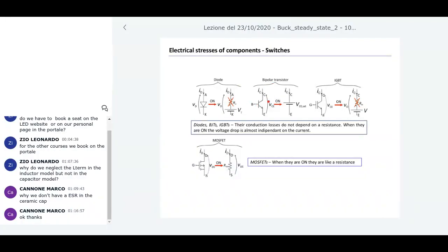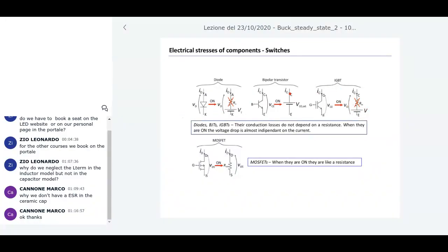The same happens for bipolar transistors, which when they are on can be approximated, from the collector emitter terminals, by a battery, the DC voltage in the saturation region. The same happens for IGBTs.